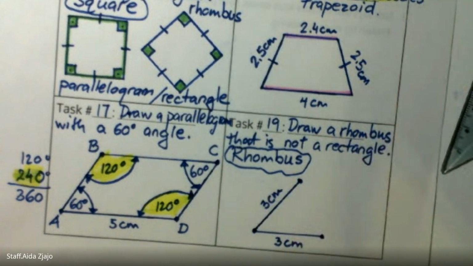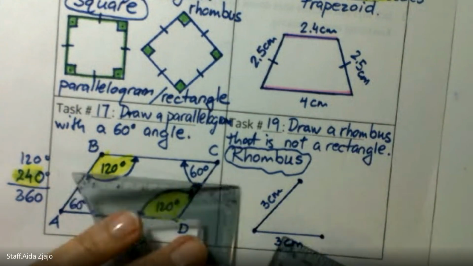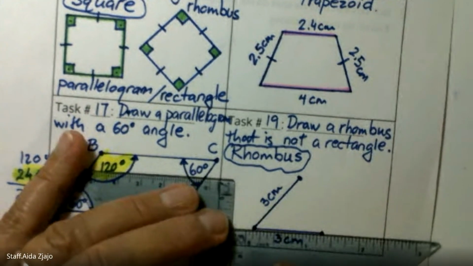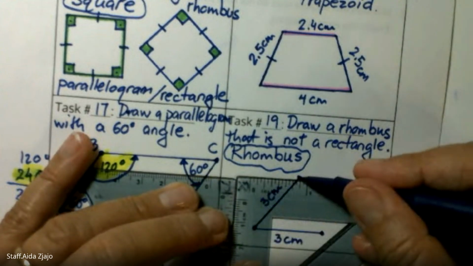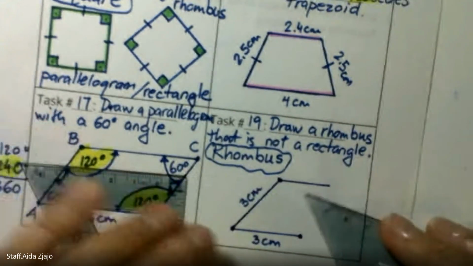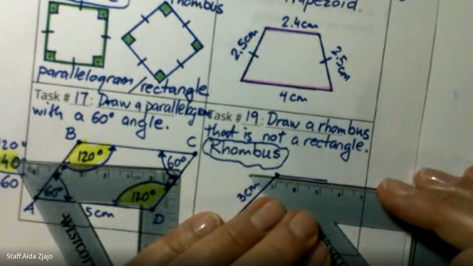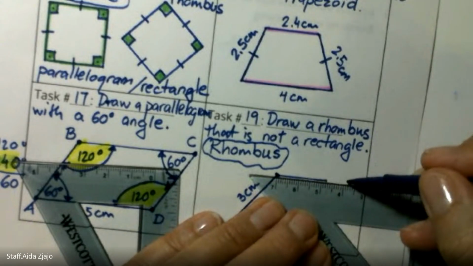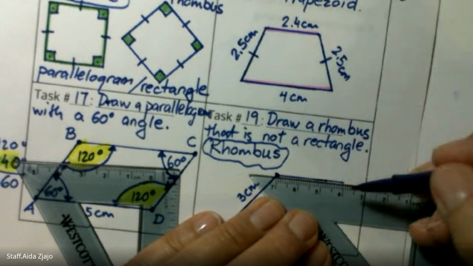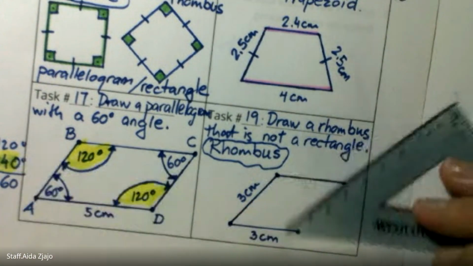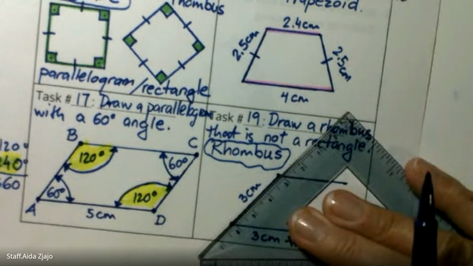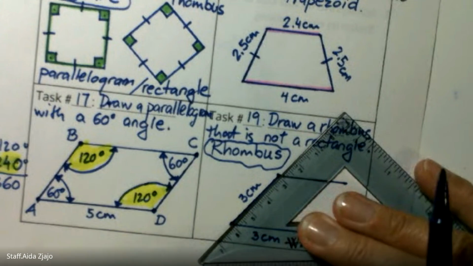So I need 2 more sides, and then I will go parallel. Remember, the opposite sides are parallel, so this is going to be parallel, and it's also going to be 3 centimeters. Here you go. So 1, 2, 3 centimeters, and then the last will be these two.